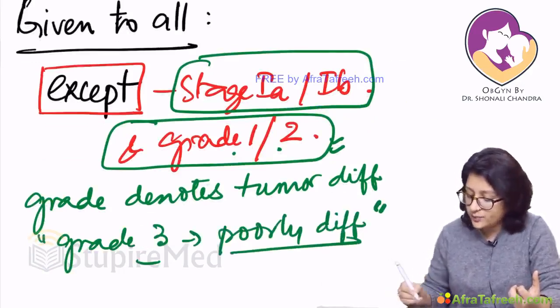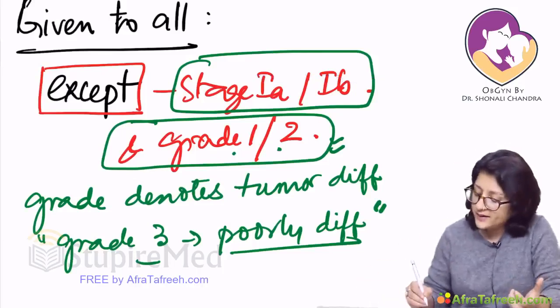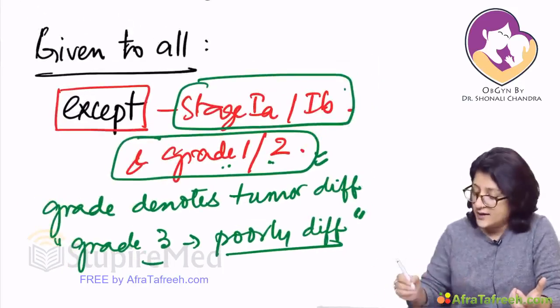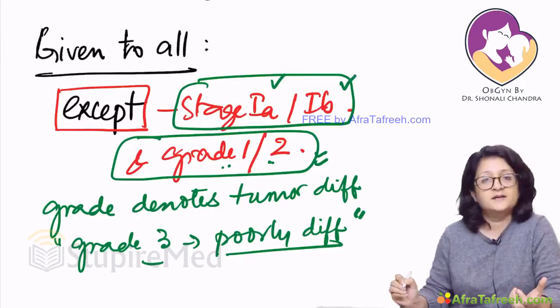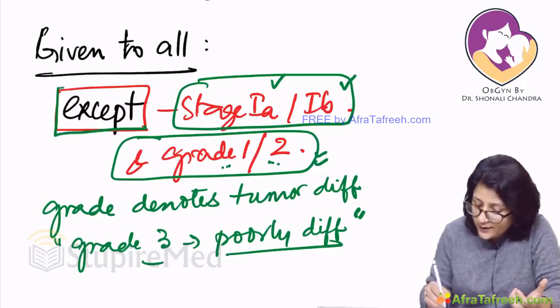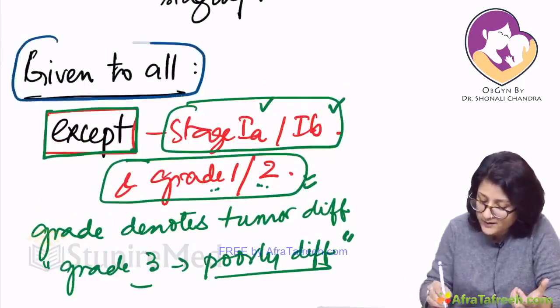So grade 3, which are poorly differentiated tumors, they behave more aggressively as compared to grade 1 and 2. So when it is this early stage, stage 1A or 1B, okay, and grade 1 or 2, only then we can avoid chemotherapy. Otherwise, chemotherapy is given to all patients.